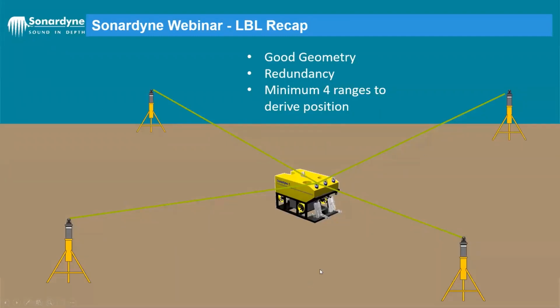Okay, so in this scenario, we've got four ranges. We can position this vehicle quite nicely within that space. Okay, and obviously with an LBL array, as we talked about in previous webinars, we would be working within that environment, within that array. Okay, we couldn't move out here necessarily, or we could, but the positioning wouldn't be quite as precise. Okay, so we're working within the array with an LBL.